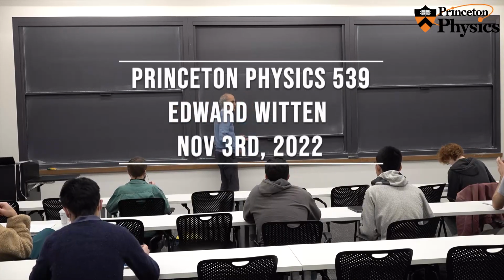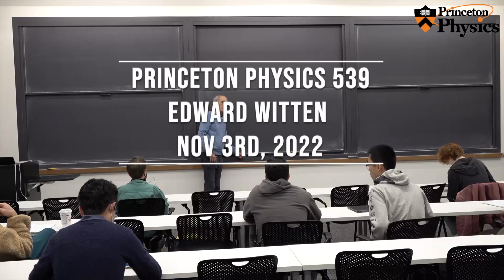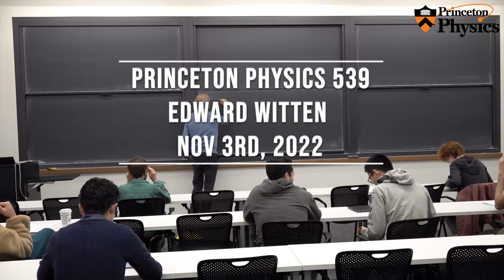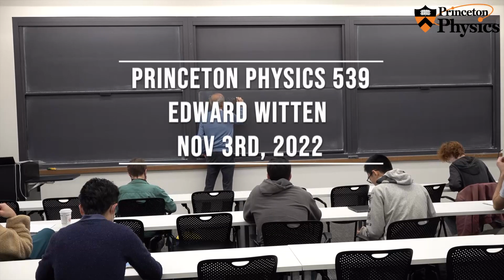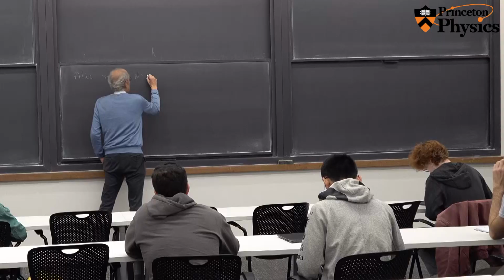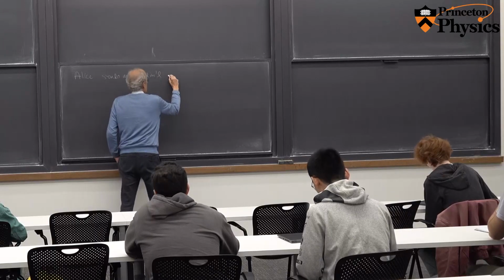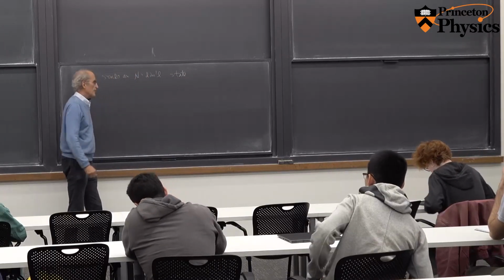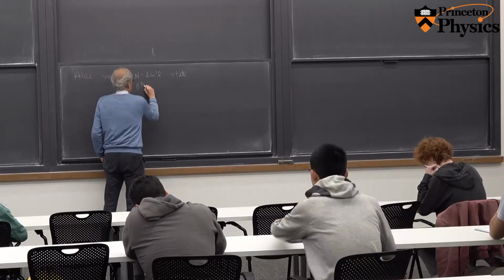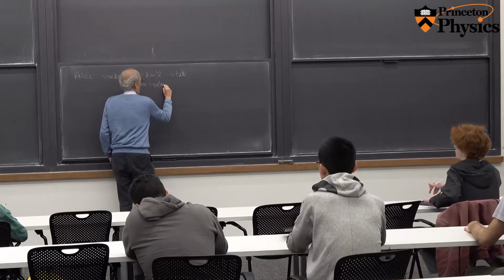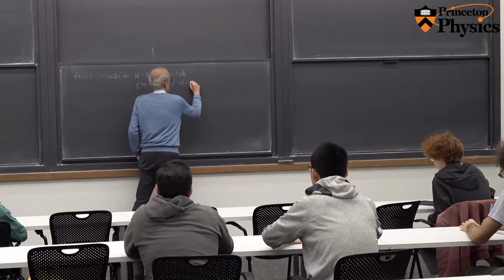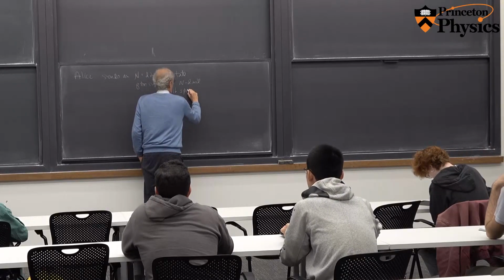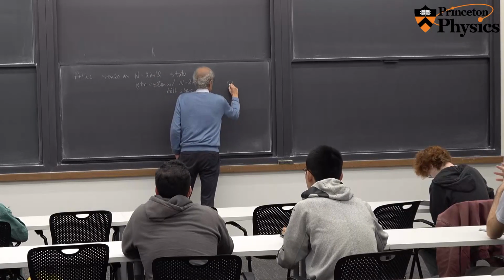So I actually want to start by going over a little better what I was explaining at the end last time. So Alice sends an n-dimensional state. That is, she sends a quantum system with an n-dimensional Hilbert space to Bob.